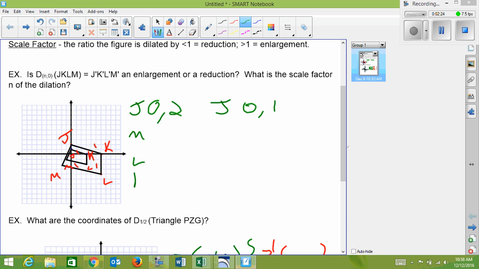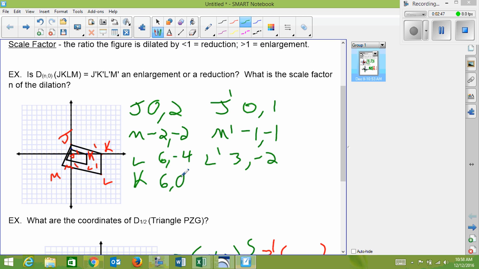And so the original M is at -2, -2, and the new M is at -1, -1. The original L is at 6, -4, and the new one is at 3, -2. I think you can see the pattern here. The original K is at 6, 0, and the new one is at 3, 0.